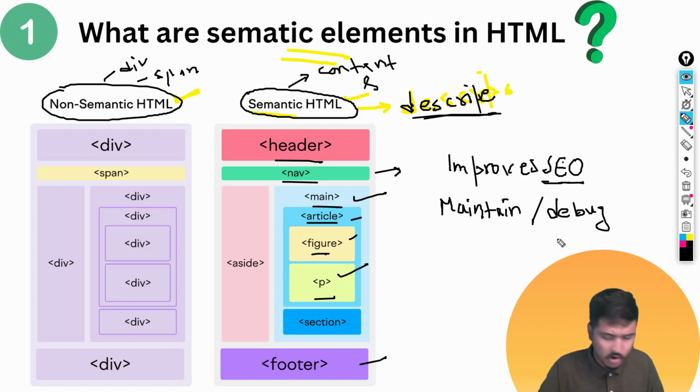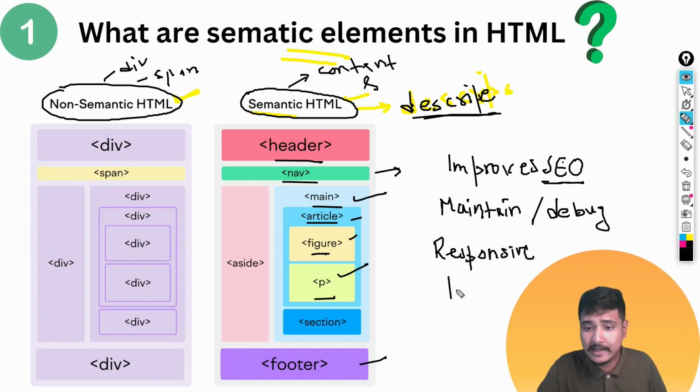Also, you can develop a more responsive website using semantic tags. Better CSS can be written when you are writing semantic HTML. You know what particular tag to access in the CSS and what level of CSS needs to be written in that.